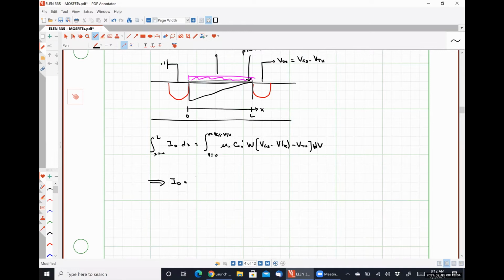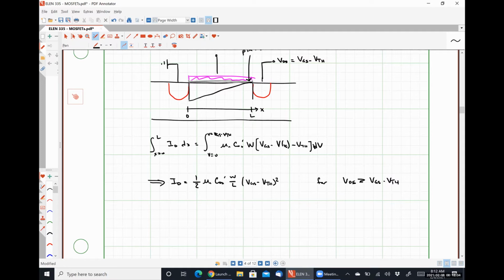ID is equal to 1/2 mu n C ox W over L, VGS minus VTH squared. This is for VDS greater than or equal to the quantity VGS minus VTH.